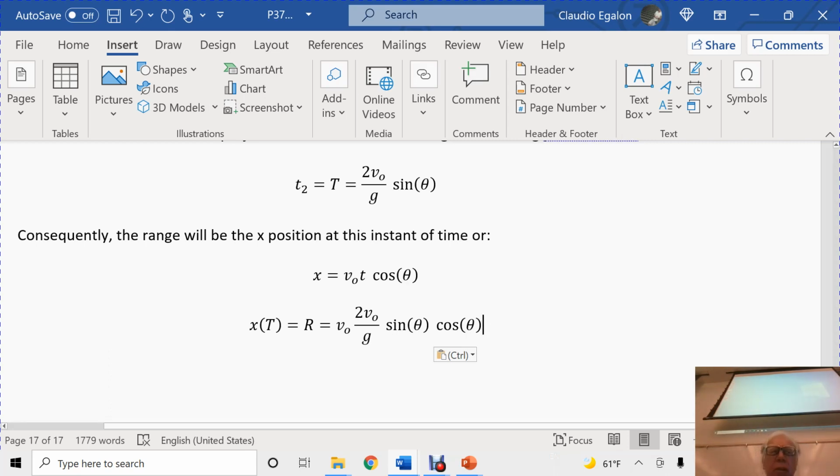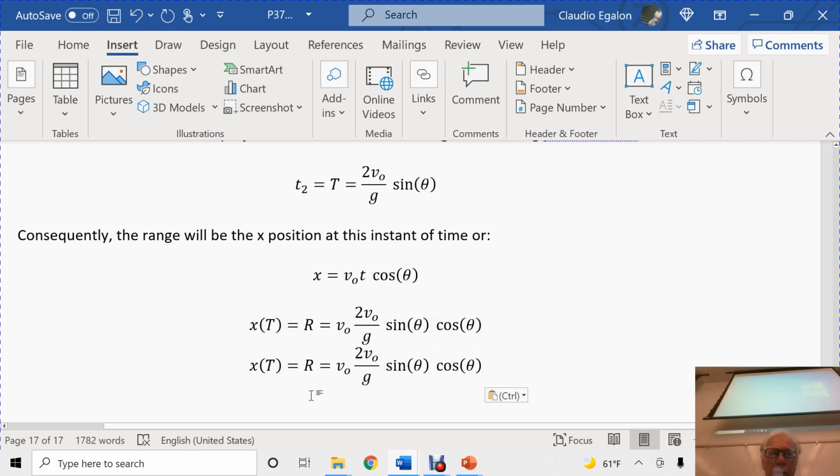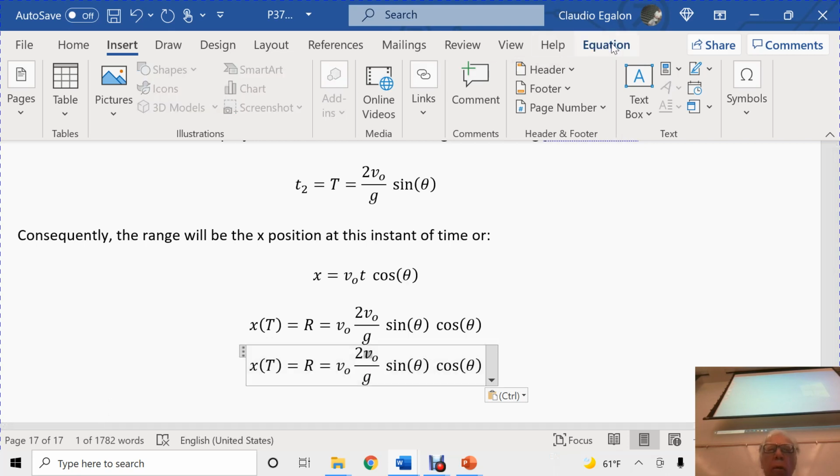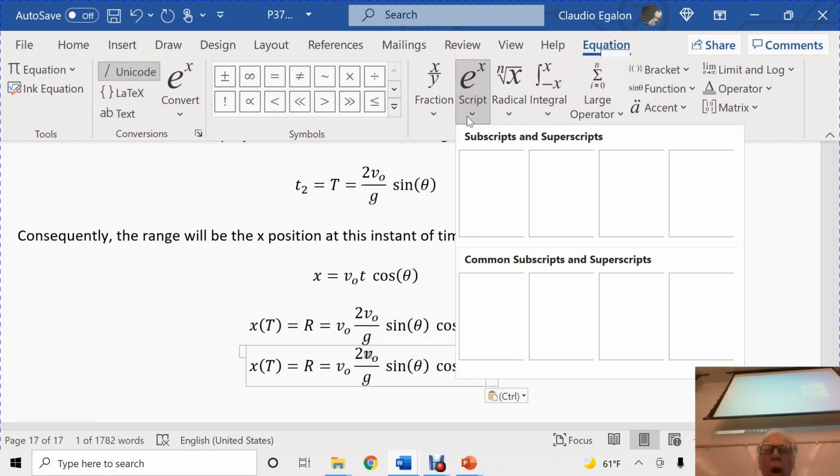Okay, so let's try to simplify this equation. The easiest simplification is the V naught square. That's the easiest simplification, V naught combined with V naught. So I'm going to combine those two and make it V naught square.